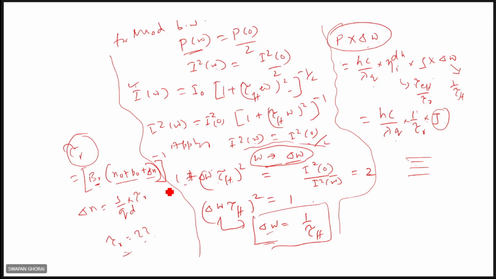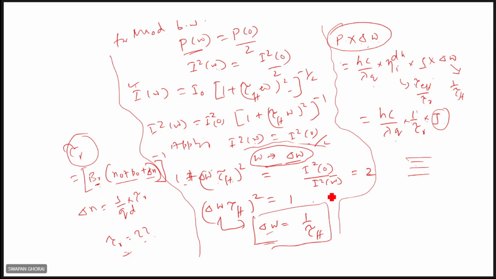So anyway, ultimately what we have seen is this: what is the modulation bandwidth? It depends upon tau effective, right? What is tau effective? It is the effective carrier lifetime, which includes the surface recombinations.